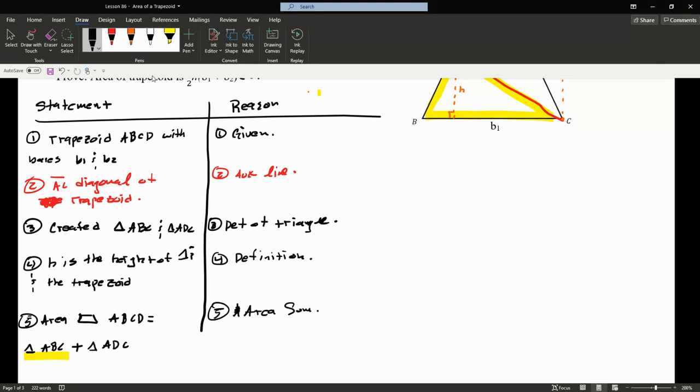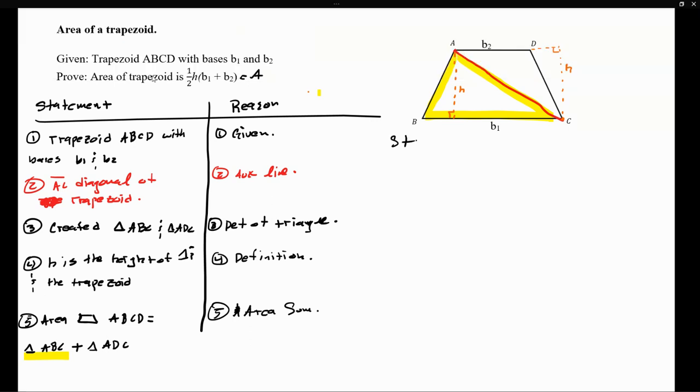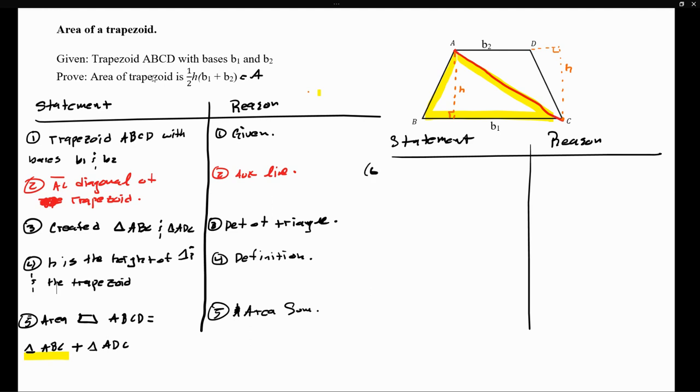So let's continue with our proof and finish it up here. Here we have statement and reason. Which number are we on? This is number 6, so let's say that this continues here. Let's start by defining the area of the triangle ABC.